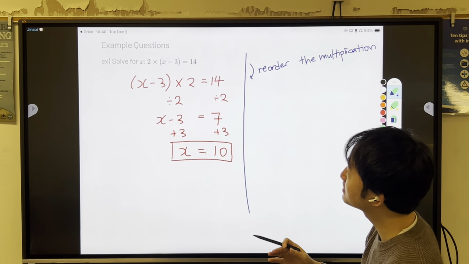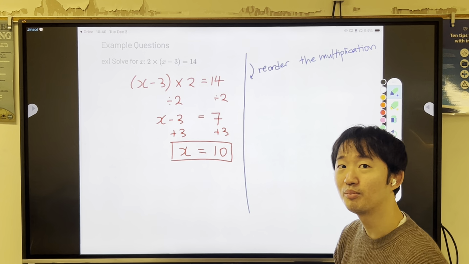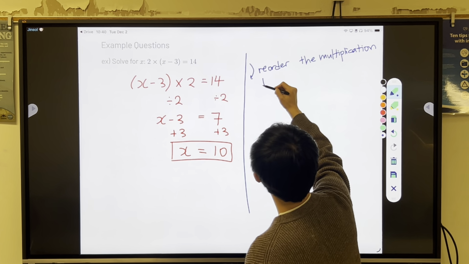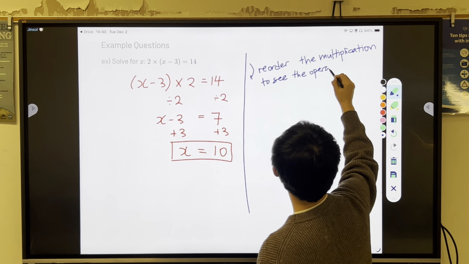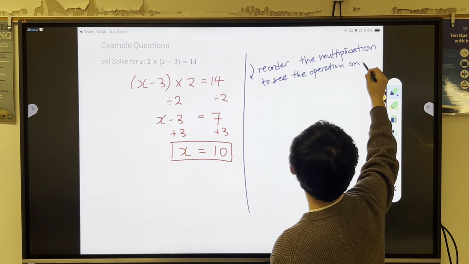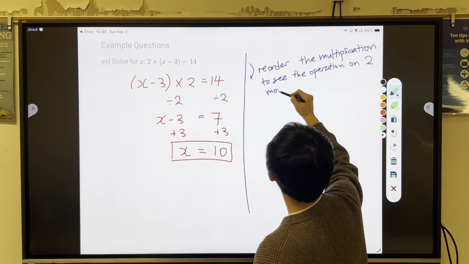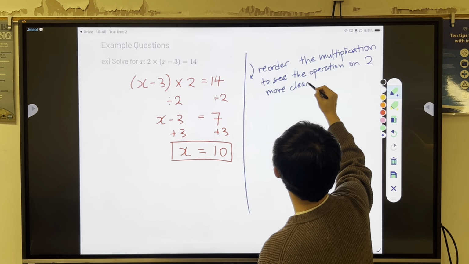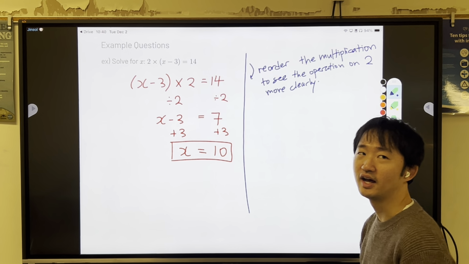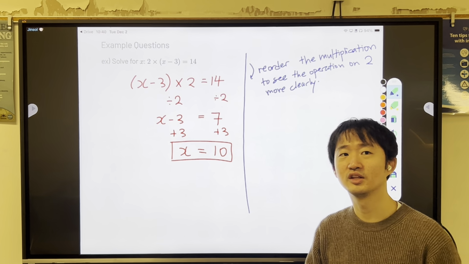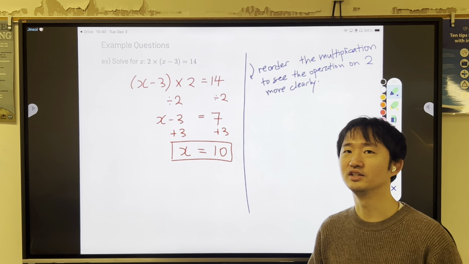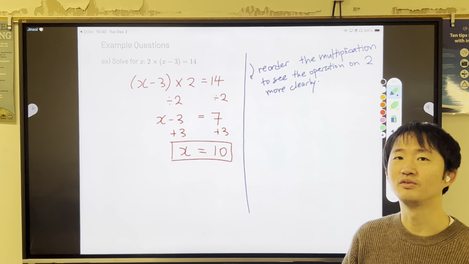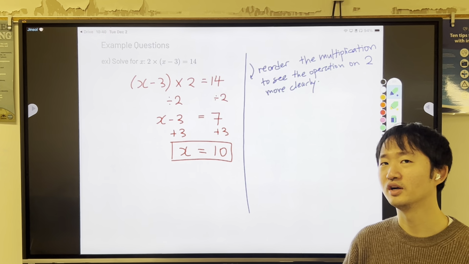I'm doing that because I want to see the operation on 2 more clearly. Please notice that we can only do this, the reordering of operation, for multiplication and addition. I cannot do it for division or subtraction.